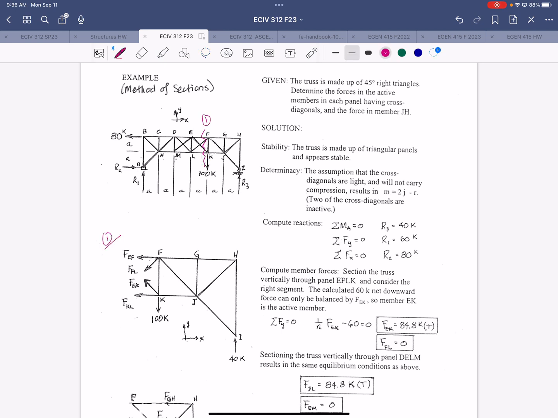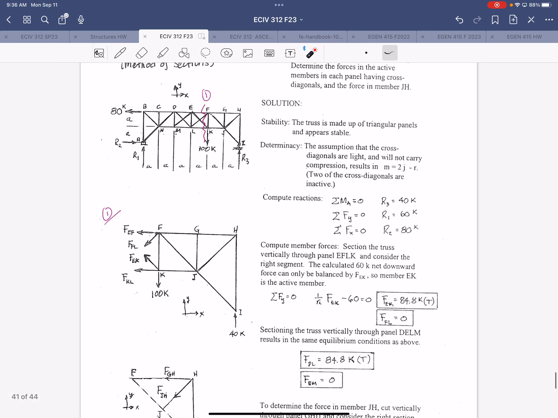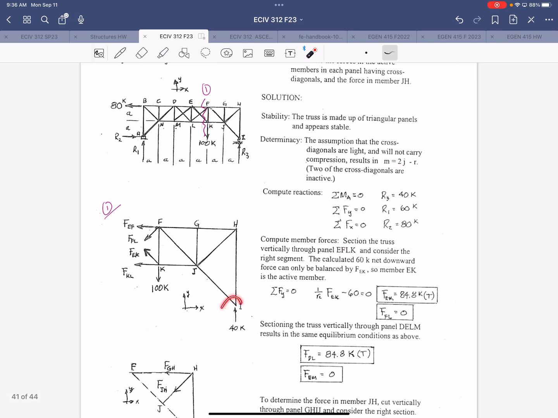So then we look at the right side of that section and draw a free body diagram. This is done also after computing the reactions, by the way. On the entire truss, you've got 2 applied loads. You can apply equilibrium to calculate the reactions at the 2 supports. So then knowing the reaction at I and looking at this free body diagram, we can tell that the net applied load on this free body diagram is 60 kips, but more importantly, the direction is downward.